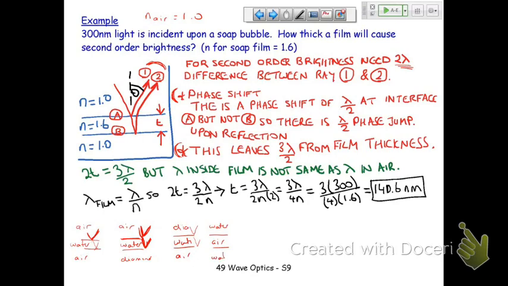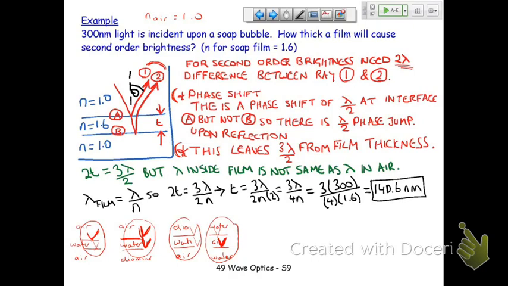I know that's improbable, but is there a phase shift when I go through water and reflect off air? No. Is there one if I go through air and reflect off water? Yes. So here again, there's one phase shift, so it counts. In the first example, there was one phase shift, so it counted. In the second example, there were two phase shifts, so they cancelled each other out. In the third one, there were no phase shifts, so I didn't care about it.